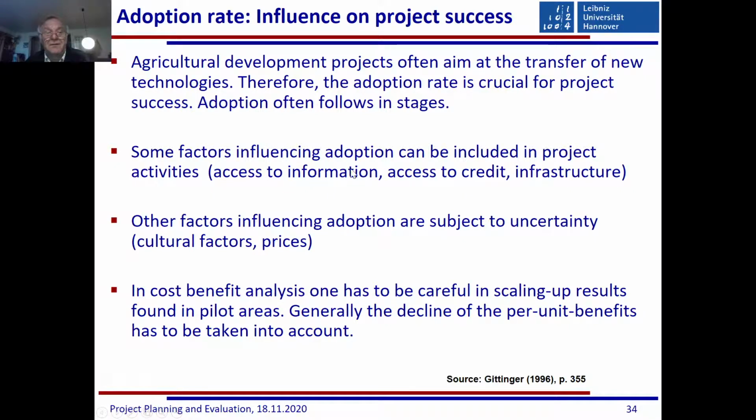So these factors can be included in the project activities, and other factors are subject to uncertainty, where the project cannot do anything.